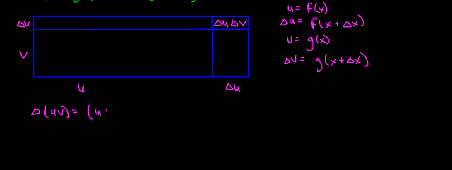So u plus delta u times v plus delta v. And since I only want this part of my rectangle, and just don't worry about this part for a second, I'm going to subtract this area of this total rectangle minus vu.